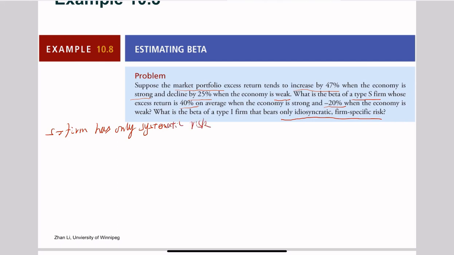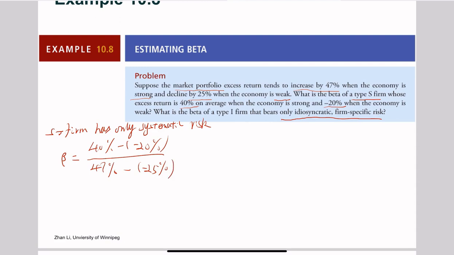Okay, now let's see how we could calculate beta. So beta equals the change in the security return because of systematic risk. And here you can see that the change in the firm's security is 40% minus 20%, divided by 47% minus 25%.